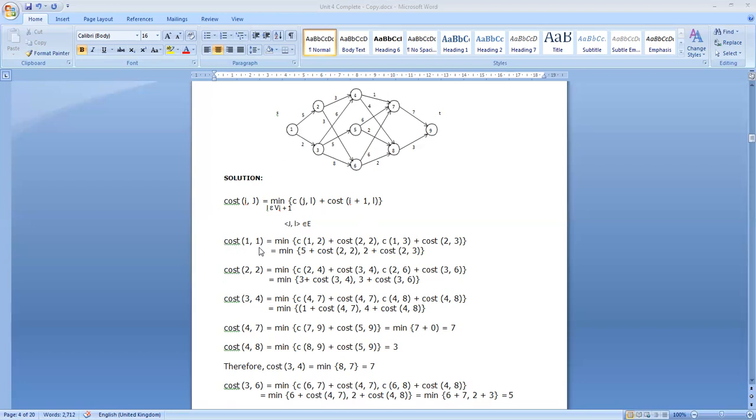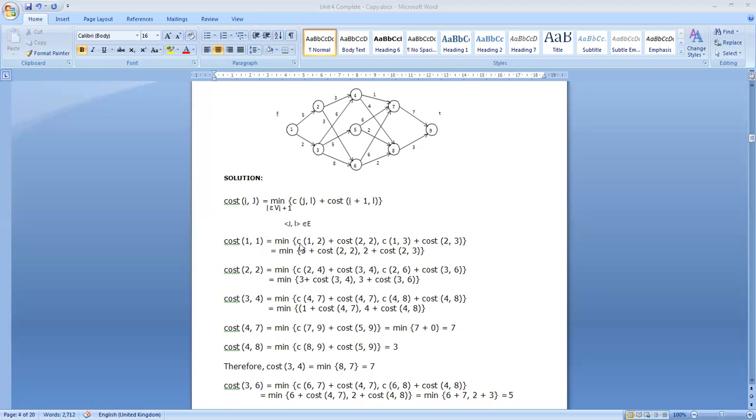If you could find the cost of (1, 1), what does it mean? It is the minimum cost value for vertex 1 in stage 1. If you could find that, then the problem is solved. So cost of (1, 1) is equal to the minimum of: from vertex 1 in stage 1 you can go to vertex 2 or vertex 3.